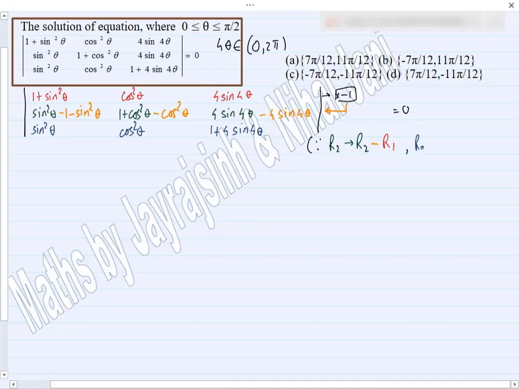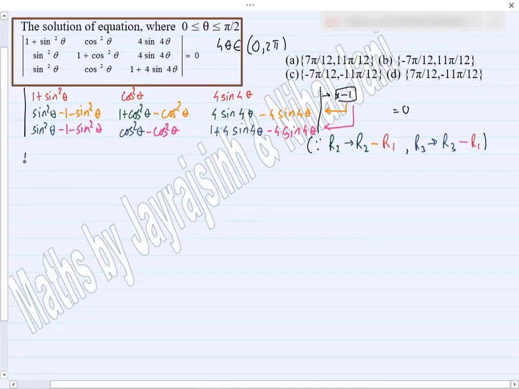Similarly, let's operate R3 goes to R3 minus R1. Multiply the first row by minus 1. In the third row, 1 plus sin square theta minus 1 minus sin square theta, and cos square theta minus 1 is cos square theta, and 4 sin 4 theta.